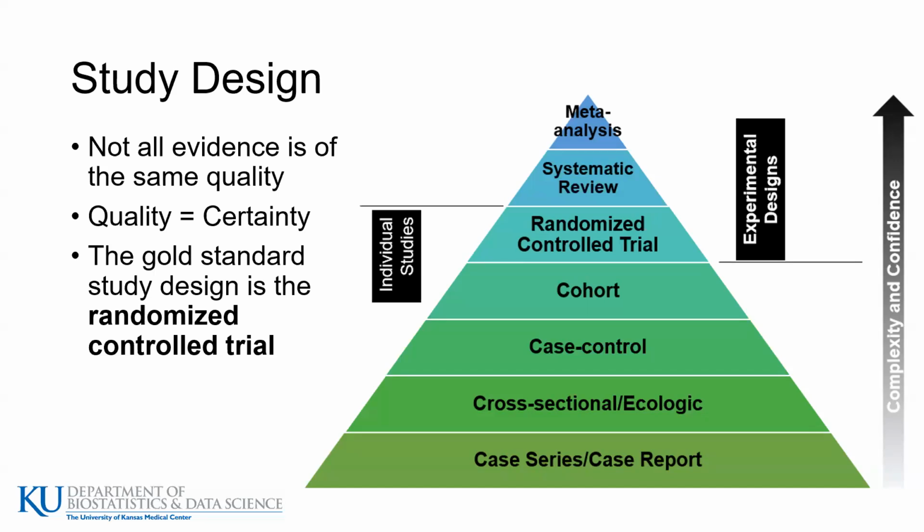For an individual study, this is the best we can do and gives us the most confidence in our results, but it also requires more complexity. And then we also had retrospective and prospective studies that will give us less confidence in our results, but are less complex and easier to conduct.